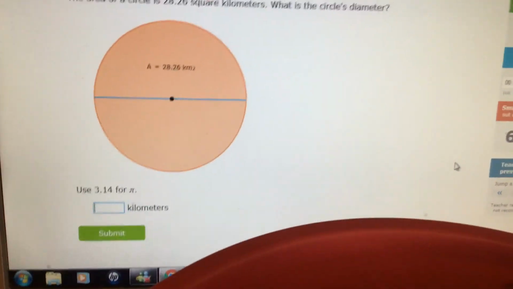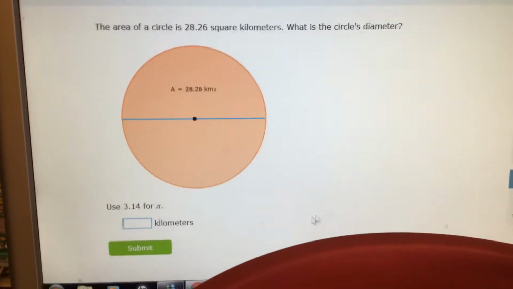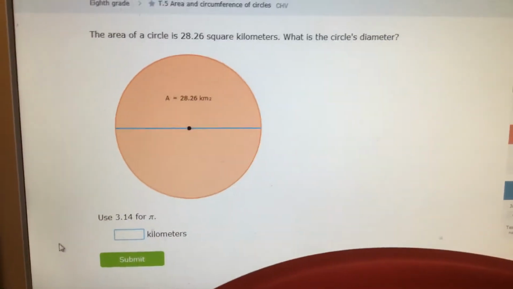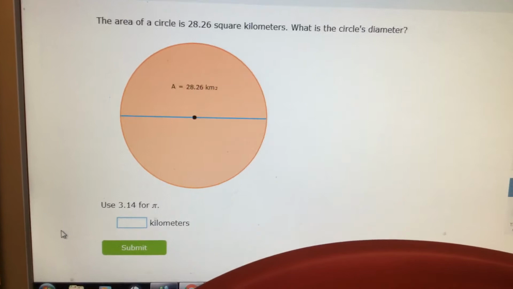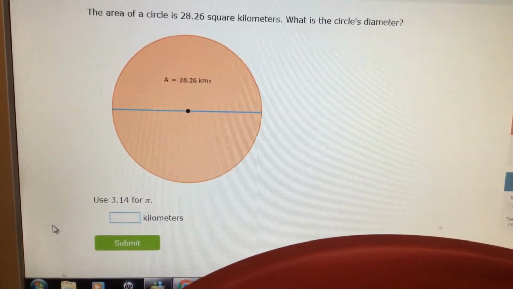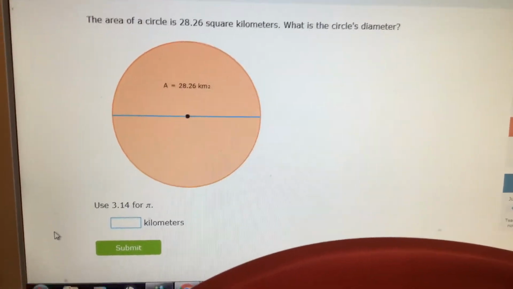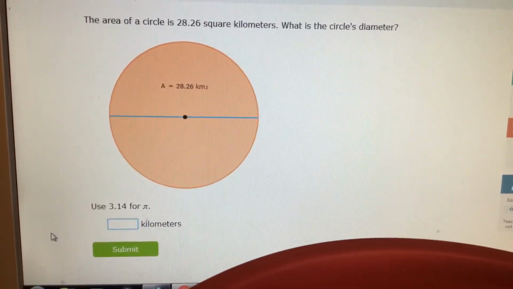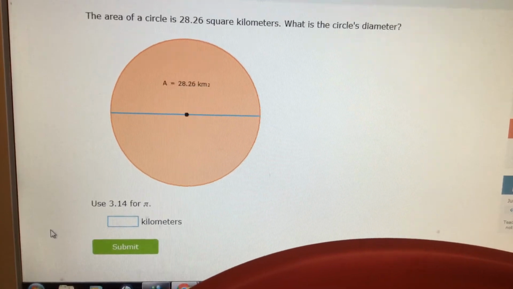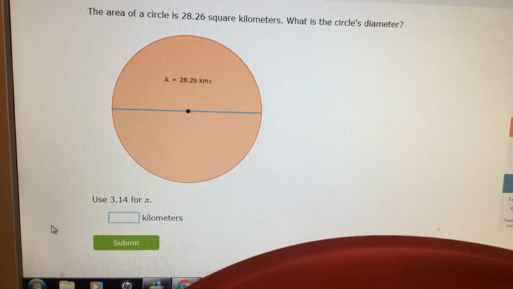Let's try one more. It says the area of a circle is 28.26 square kilometers. What is the circle's diameter? So first things first, we have to remember the formula for area, and then we're going to find our diameter and our radius.